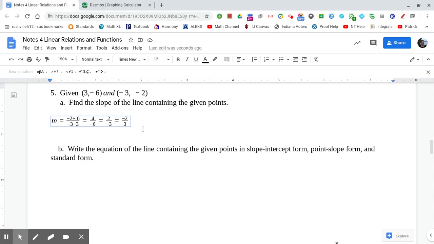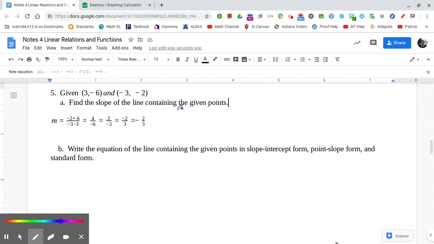Or you could put it out in front, so you could have m equal to, and then the negative out in front. All of these are equivalent: 2 over -3, -2 over 3, or -(2/3). The reason why is there's one negative sign, so the slope is negative, which tells me right now, before I graph it, that I'm going to have a line that looks like this, because the slope's negative. So my line's going to be decreasing.